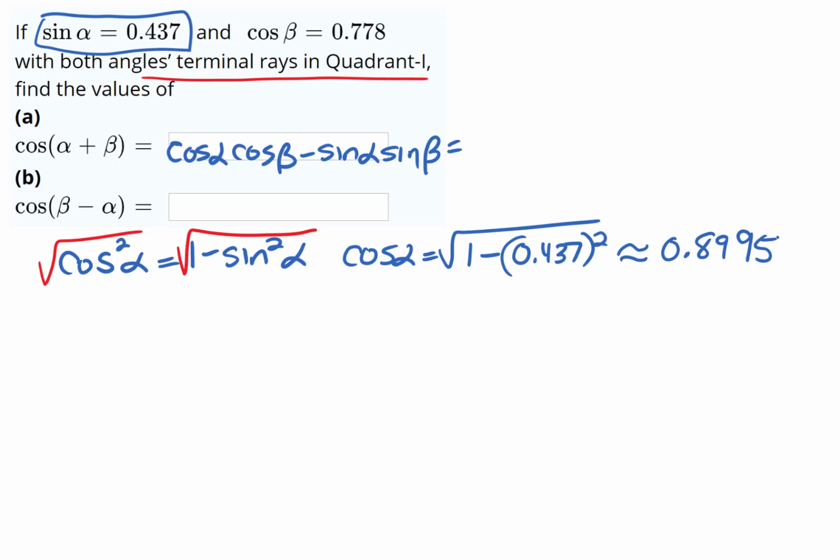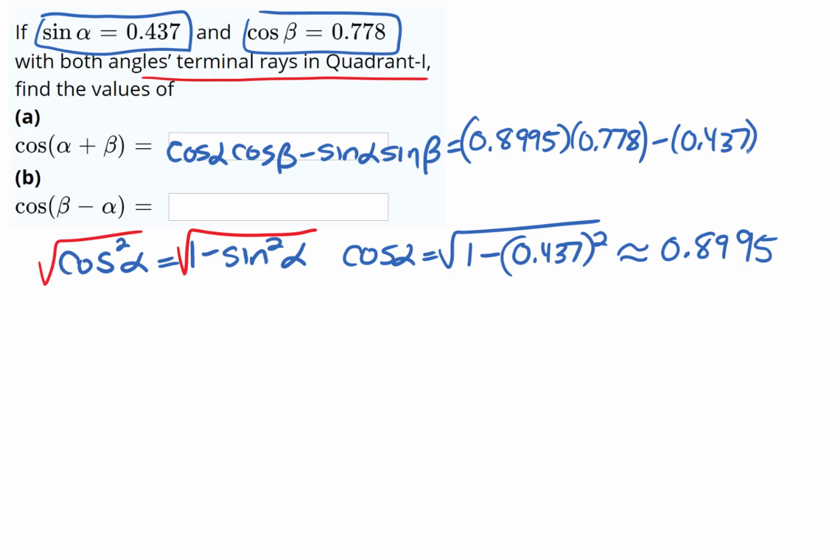So cosine alpha is 0.8995, and that's multiplied by cosine beta, and cosine beta is given here, so that's 0.778. And then we have minus sine alpha, which is given, 0.437, and then multiply that by sine beta.